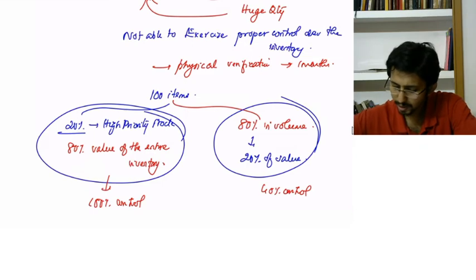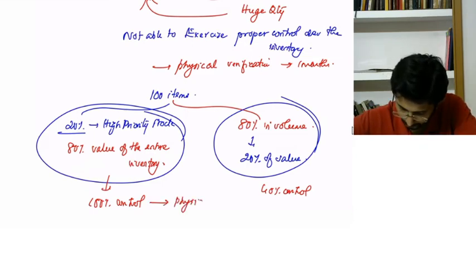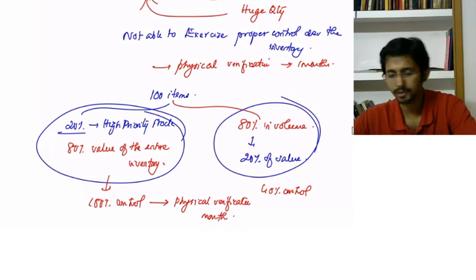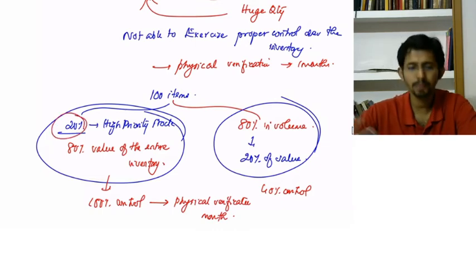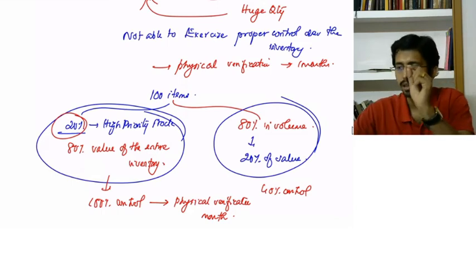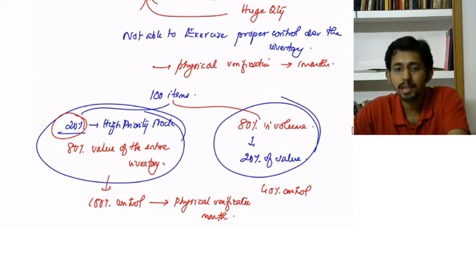In other words, here you will have physical verification on a month-to-month basis, because it is only 20% of the items, so the numbers are very less, and not only that, the value is very huge, so it is very much required to inspect it monthly. It is not a difficult task because the numbers are very less.